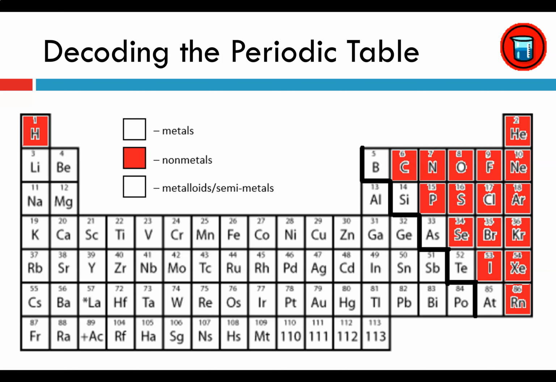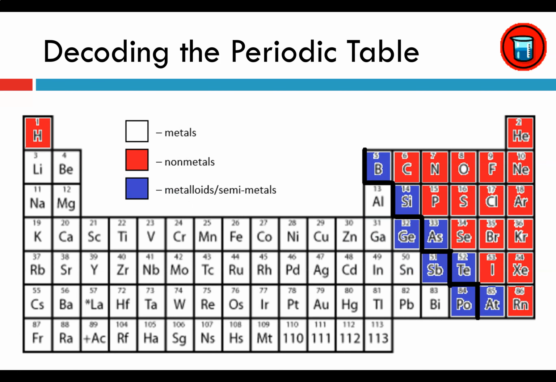Let's go ahead and put those colors up. Aluminum, based on its location, looks like it would be a metalloid as it has those 2 sides of its box in contact with the staircase. But aluminum is classified as a metal, as are all the other remaining elements on the periodic table.